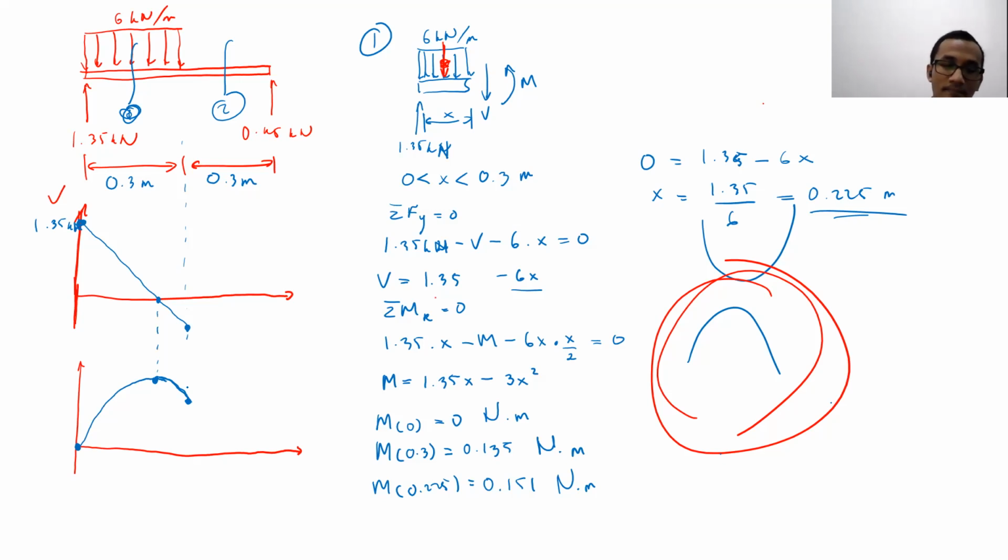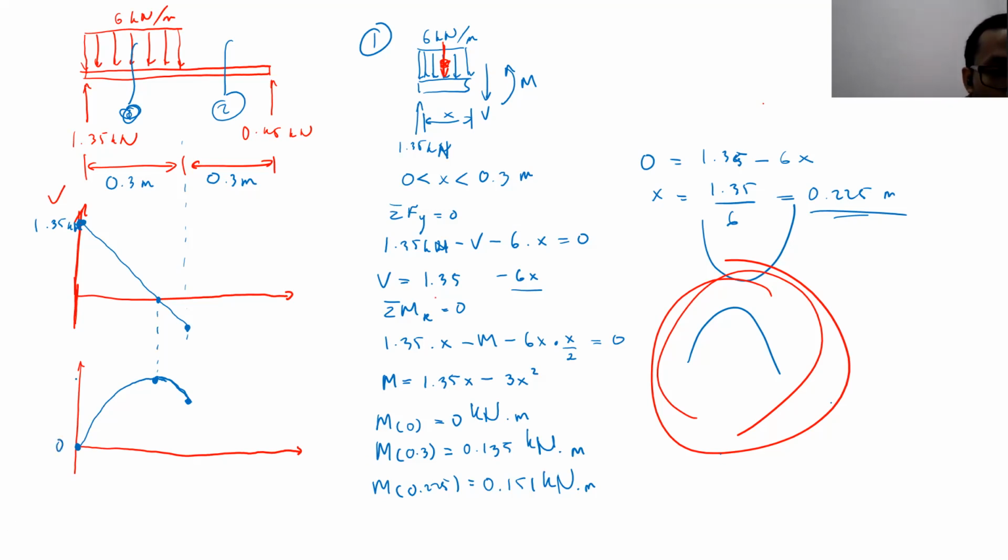Pak, should the unit be in kilonewton meter? Kilonewton, sorry. Yeah, it's supposed to be kilonewton meter. And just now the phi is supposed to be correct, kilonewton meter. So this one is 0.